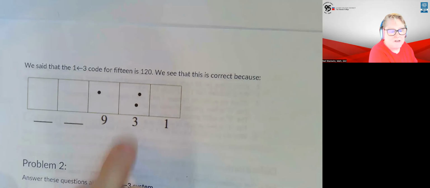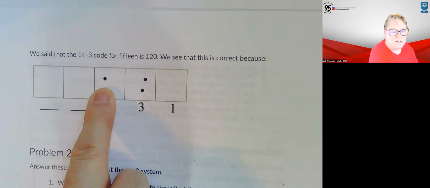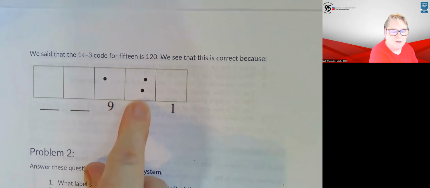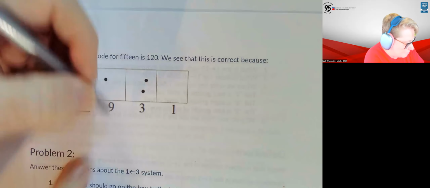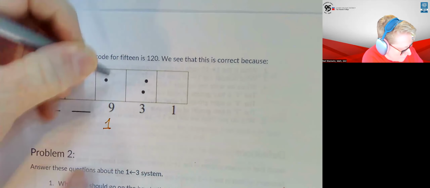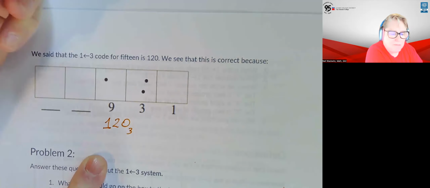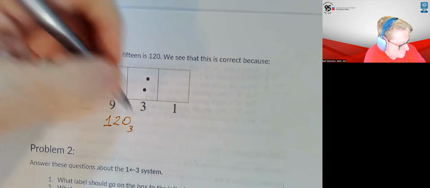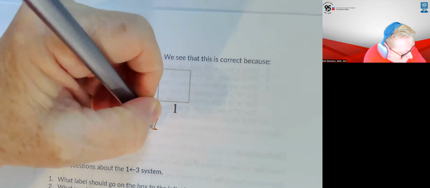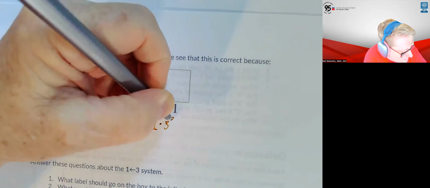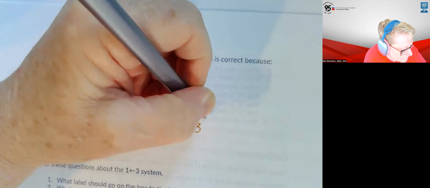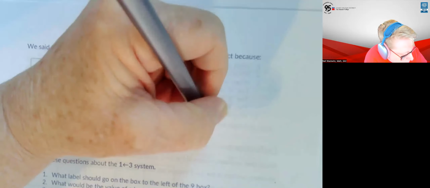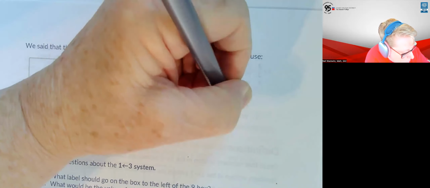So what if we had 1 dot in the 9's place, 2 dots in the 3's place, and no dots in the 1's place? That number would be 120 base 3. What is that base 10? So let's see. We have 1 times 3 to the second plus 2 times 3 to the first plus 0 times 3 to the 0.